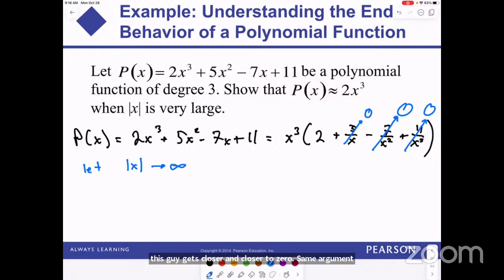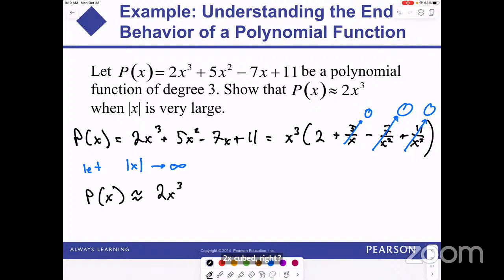So as the absolute value of x gets bigger and bigger, those terms get smaller and smaller. In other words, they tend to 0. So then ultimately this polynomial is going to be approximately equal to 2x cubed, right?